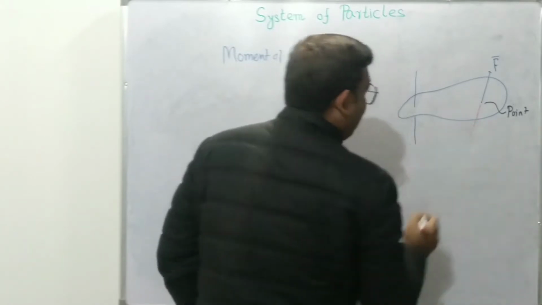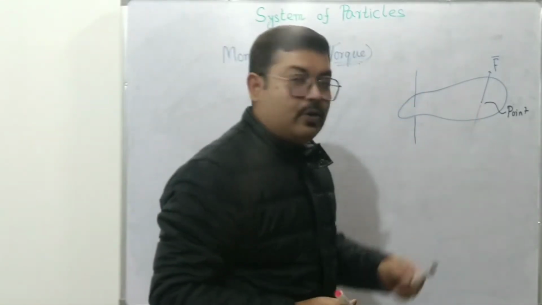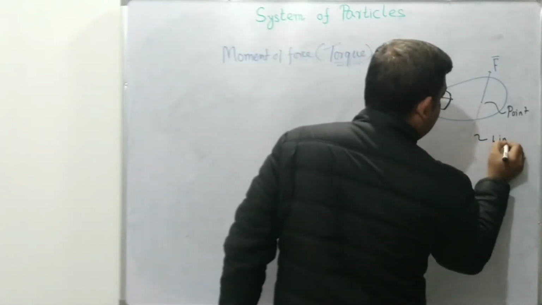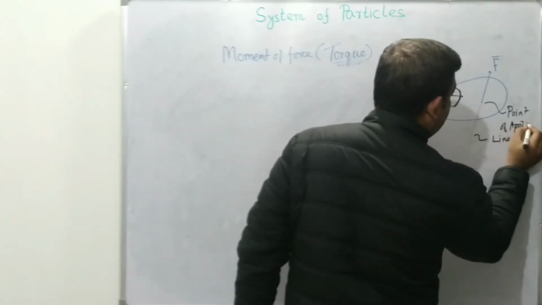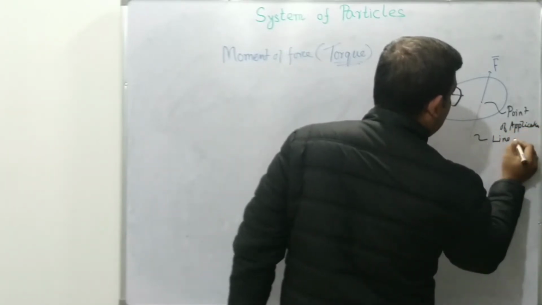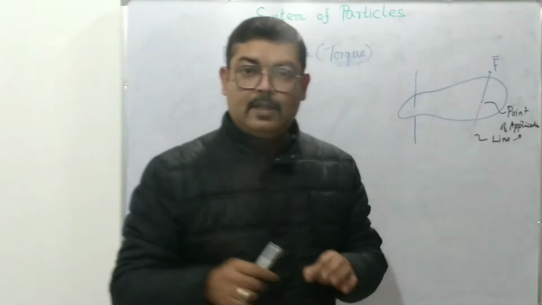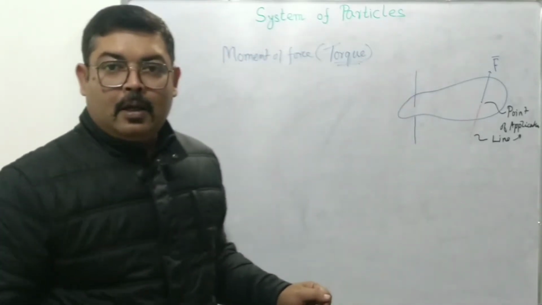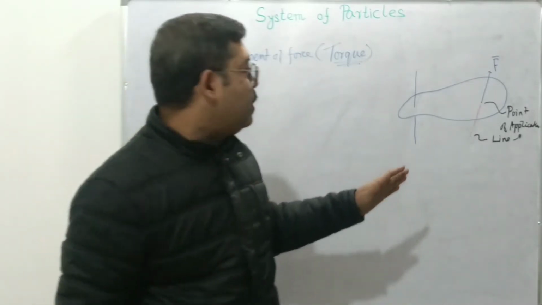The extended line in the direction of the force is known as the line of application of the force. So the point at which the force is applied is the point of application, and the direction along which the force is applied is known as the line of application.